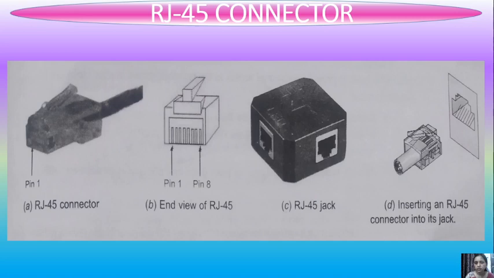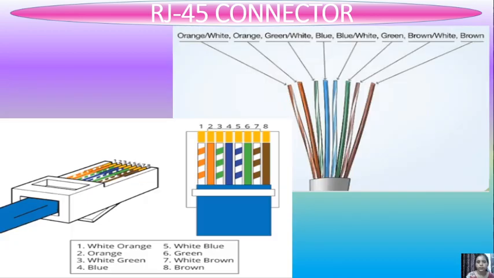Now here you can see two images. Both are showing the same concept. The RJ45 connector is an 8 wire or 8 pin connector. So you can see both the images. A total of 8 colors are there with the wires.